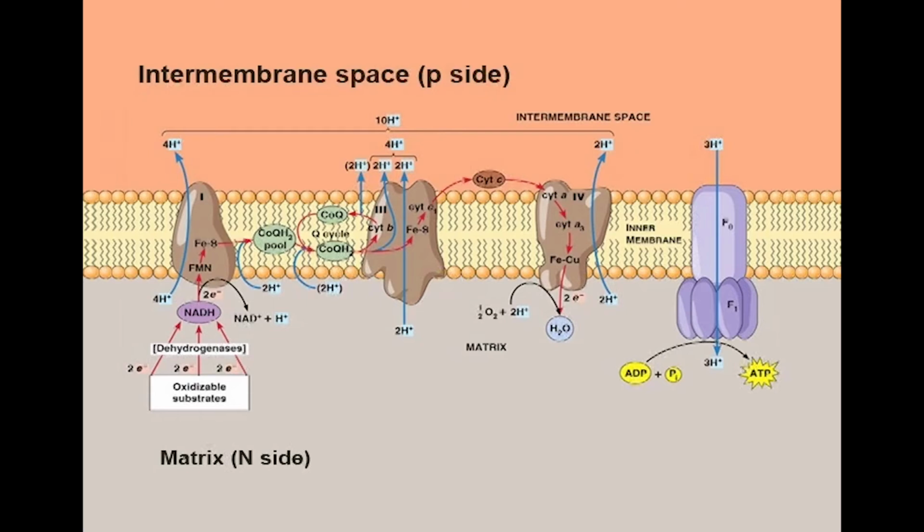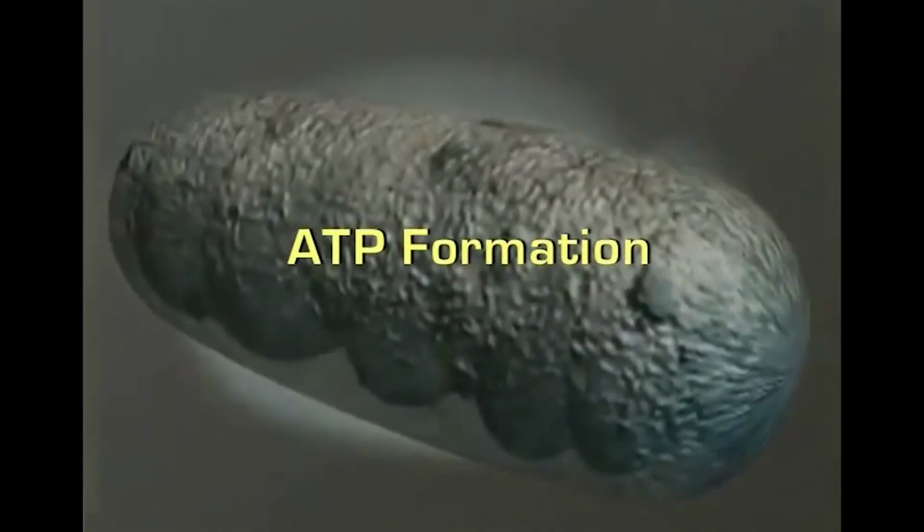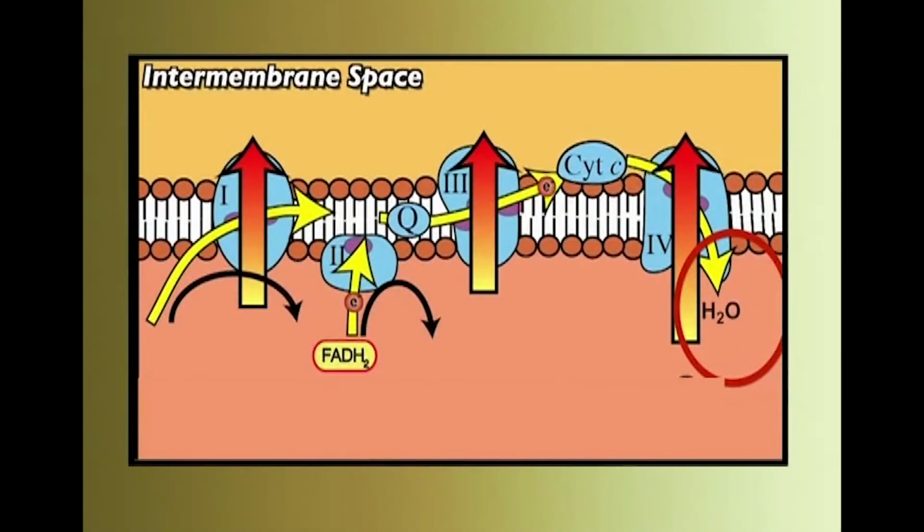Coenzyme Q is also reduced to ubiquinol from ubiquinone, and ultimately in complex 4 you have 2 hydrogens passing from inside to outside. So, a total of 10 hydrogens are passed, and for 10 hydrogens you get 3 ATPs and 2 water molecules. So, in module 3 we will look at actual ATP formation.